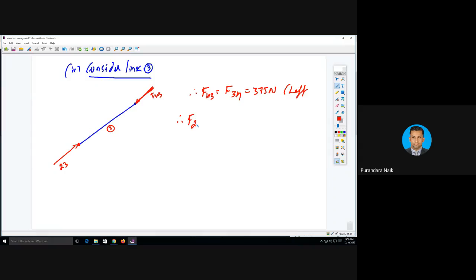Similarly, F23 is equal to F34 or F43, which is 375 Newton.